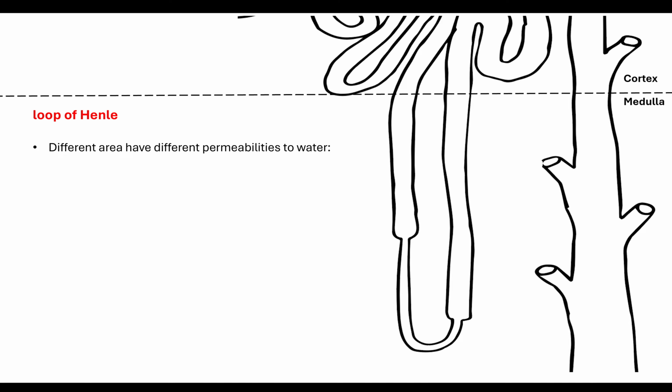So the loop of Henle has these different areas which have different permeabilities to water, and that's really important in its role to ensure that we maintain the water so that we can keep an osmotic potential that our cells can function with. So if we go down our descending limb, what we can see is that this one is permeable to water.